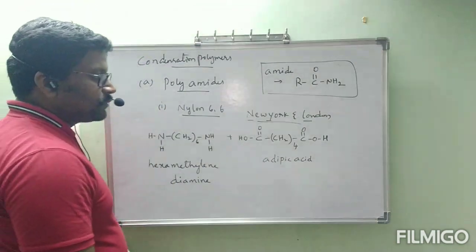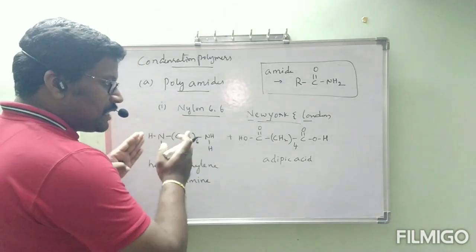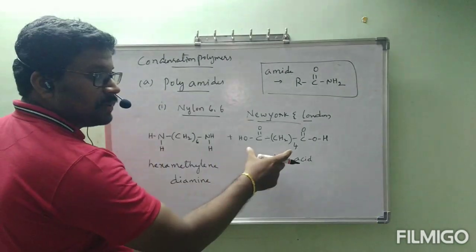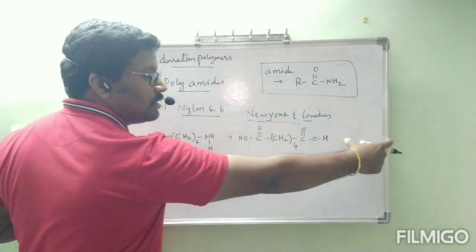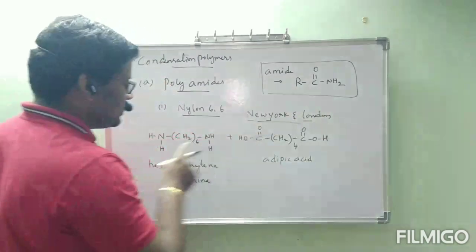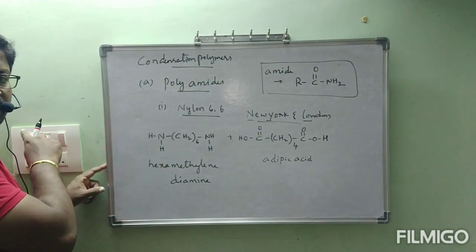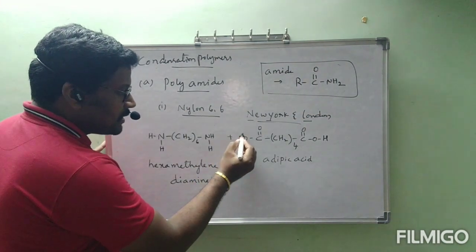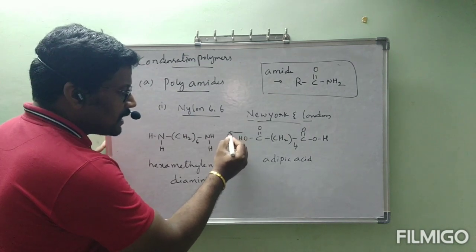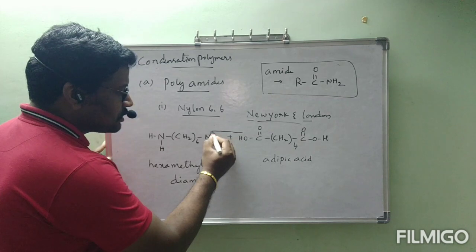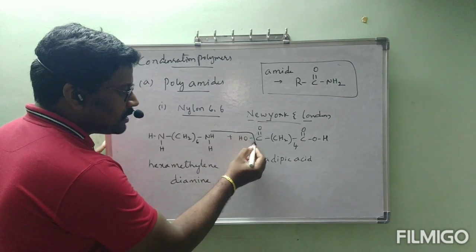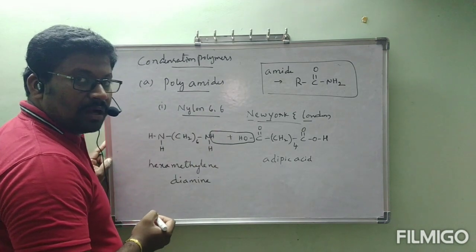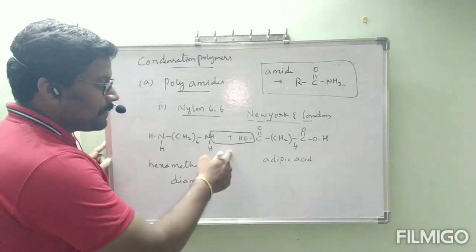Now observe this carefully. It is not possible to write how many molecules are present. You have to understand that here we have hexamethylene diamine, next adipic acid. Next continuation, hexamethylene diamine, then adipic acid, next hexamethylene diamine. Like that it is forming a big chain. The OH present on this adipic acid and the H present on this nitrogen will be removed or liberated as water, minus H2O.